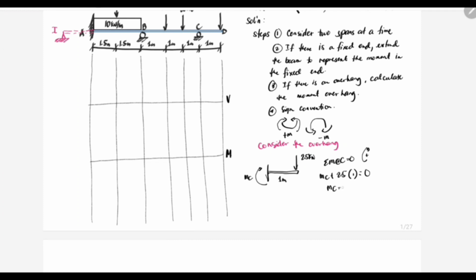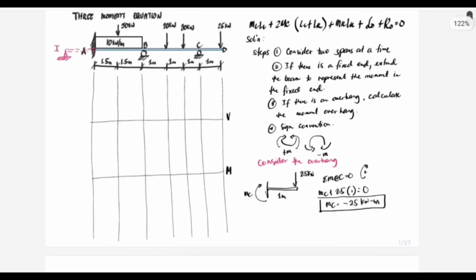Therefore, our moment C here would be negative 25 kilonewton meter. Papalitan ba natin ang direction? No. As is na tayo dyan. Okay? Consider yung negative moment for that kasi i-consider natin ito later on our sign conventions. Huwag nyo na pong palitan. Okay na po yan.